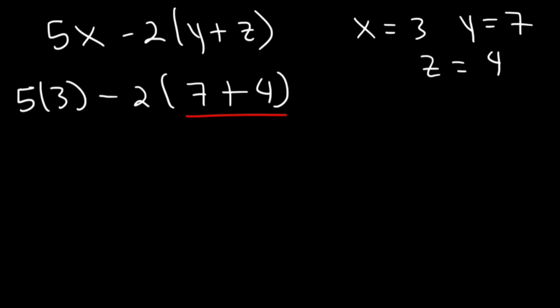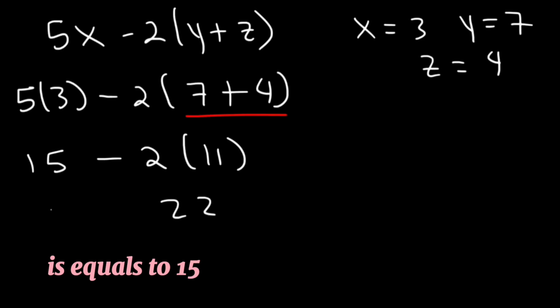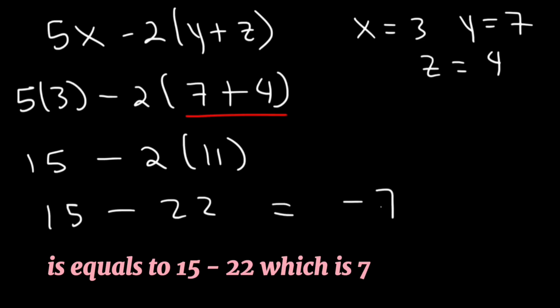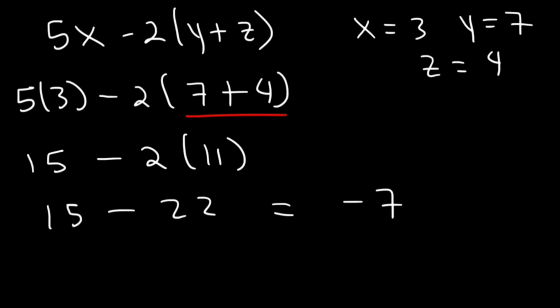So 15 minus 2 times 11 is equal to 15 minus 22, which is negative 7.